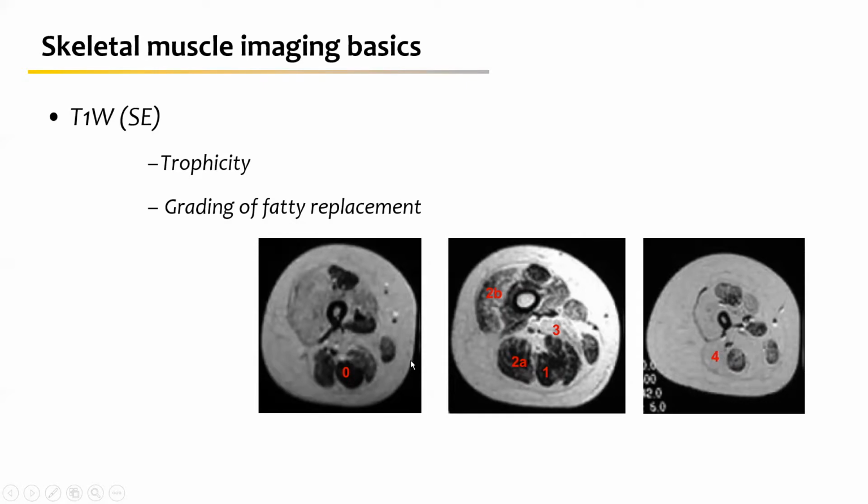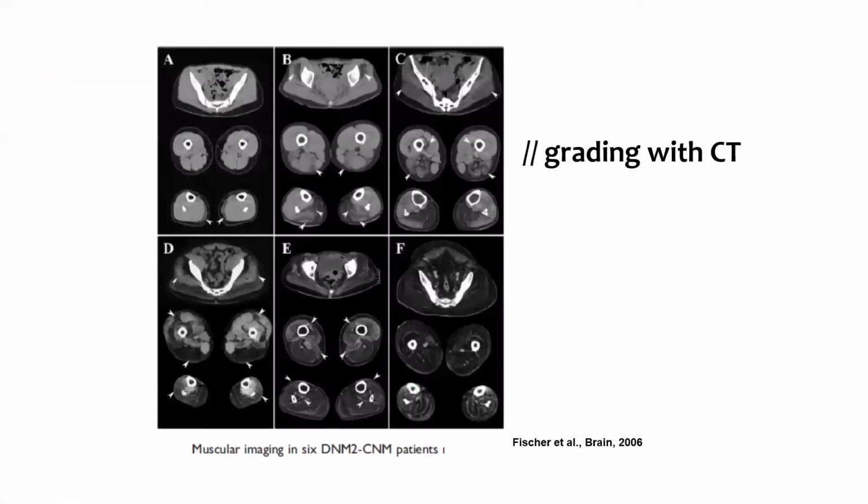We prefer to use a slightly simpler grading, which goes from 1, which is normal, 2 when we think that it is less than 30%, 3 when it's less than 60% replacement, and 4 when it is more. It does not really matter, as long as you're consistent with your rating.